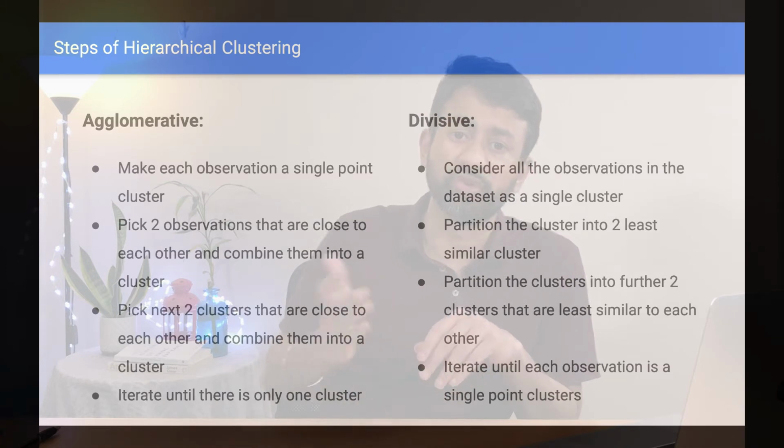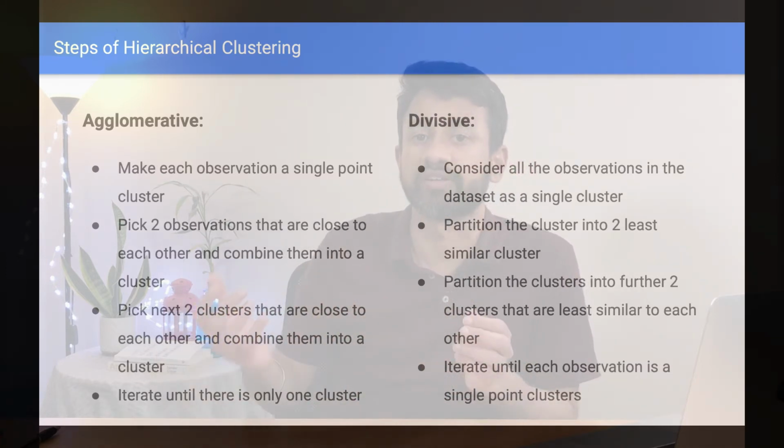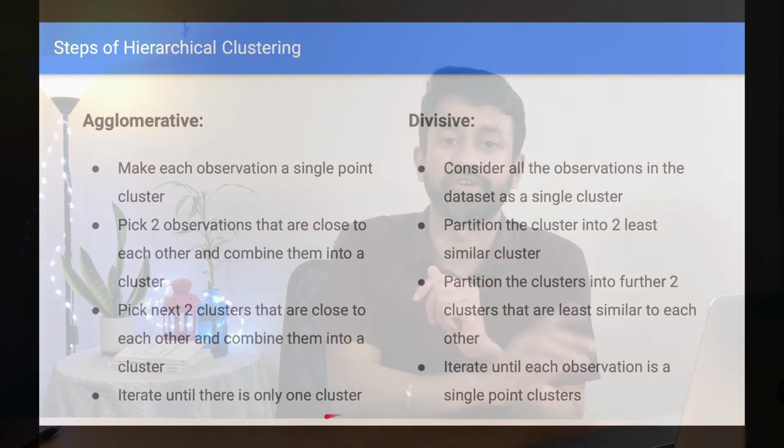We continue this process. Next we identify two clusters that are close enough to each other and combine them into a single cluster. This process continues until we have only one cluster in the dataset.